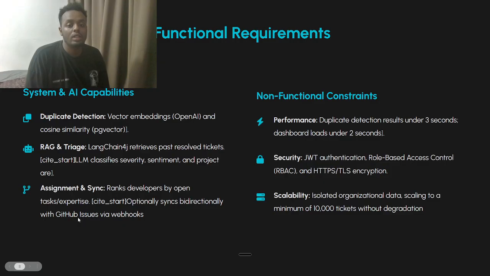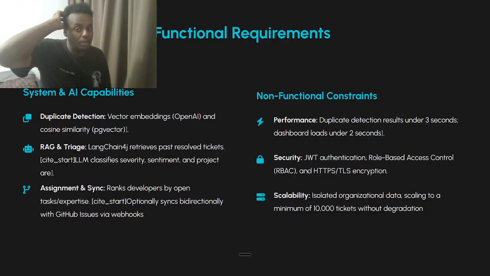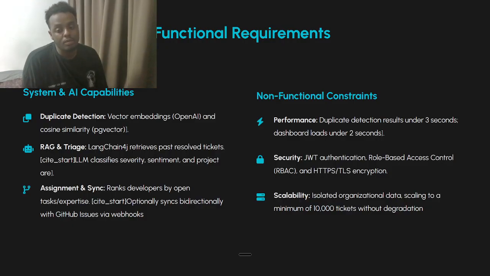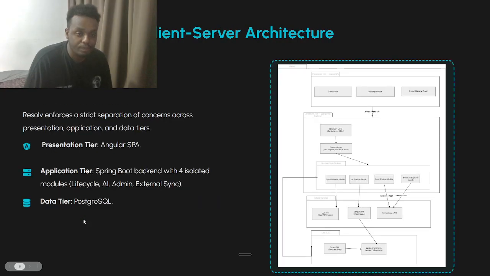For performance, I'm trying to make the application able to detect duplication in under 2 seconds, and it has JWT authentication for security and RBAC for managing users, and of course TLS HTTPS encryption. And for scalability, it should be able to handle a minimum of 10,000 tickets without degradation.